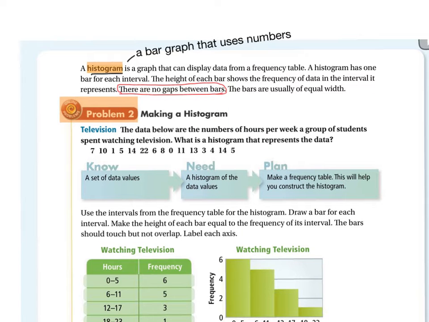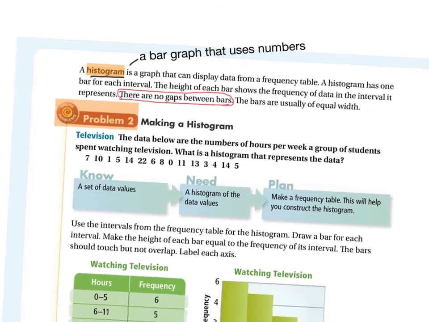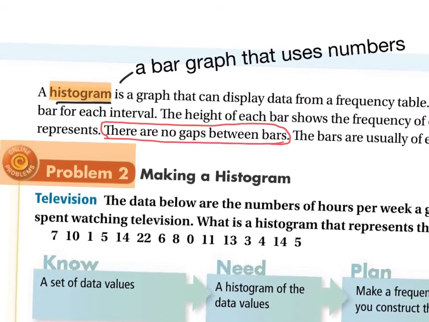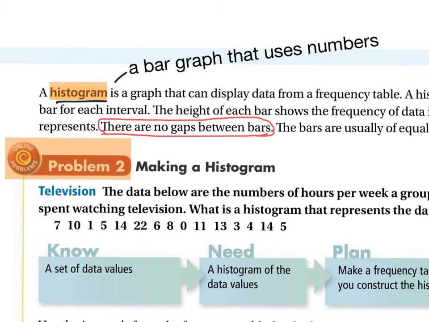So the next thing we're going to look at is histograms. Histogram is basically a type of bar graph. It's a bar graph that uses numbers. So instead of like, what's your favorite color? With a histogram, we wouldn't be talking about something like that. We're talking about something that involves numbers, something that maybe involves intervals of numbers.